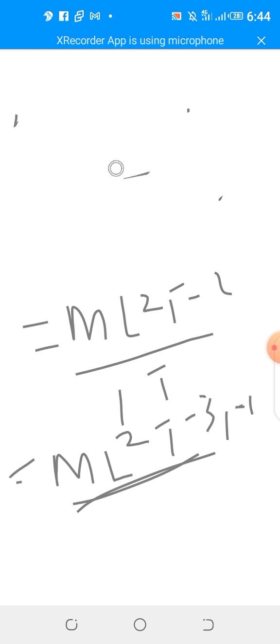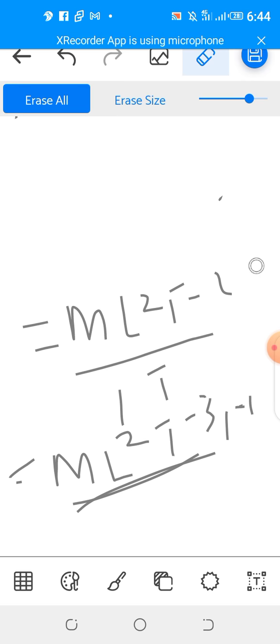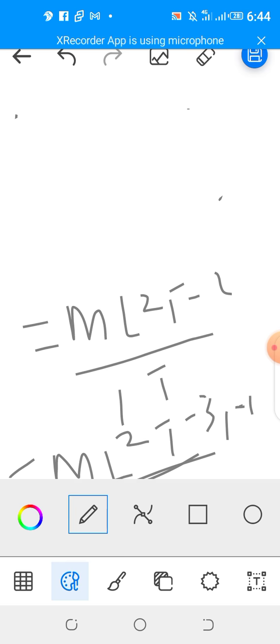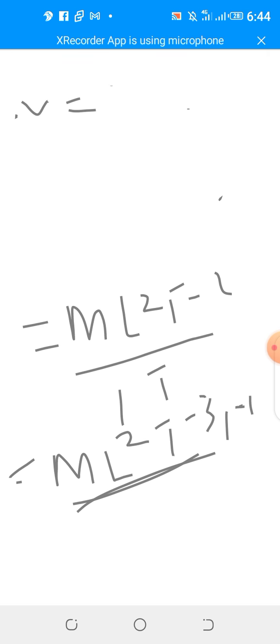I do want to look for resistance. Resistance, remember, is what? Resistance is V equals to IR.